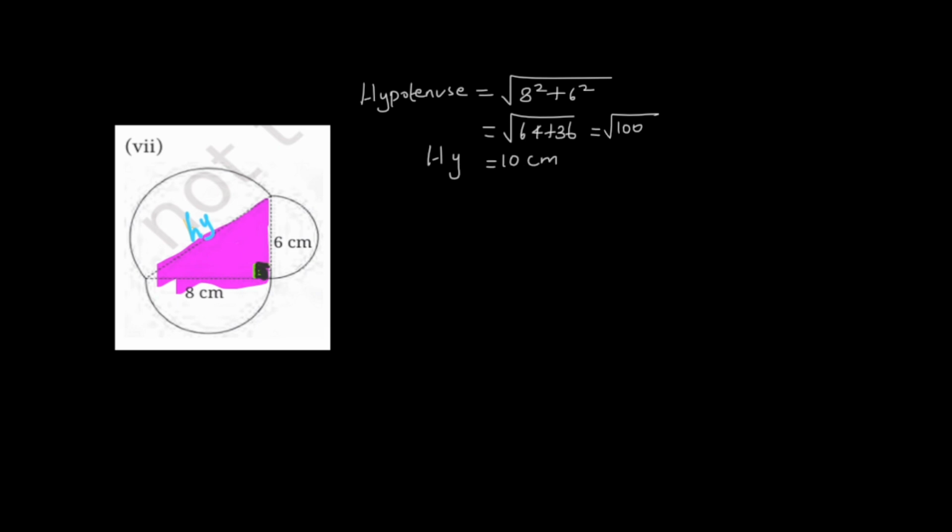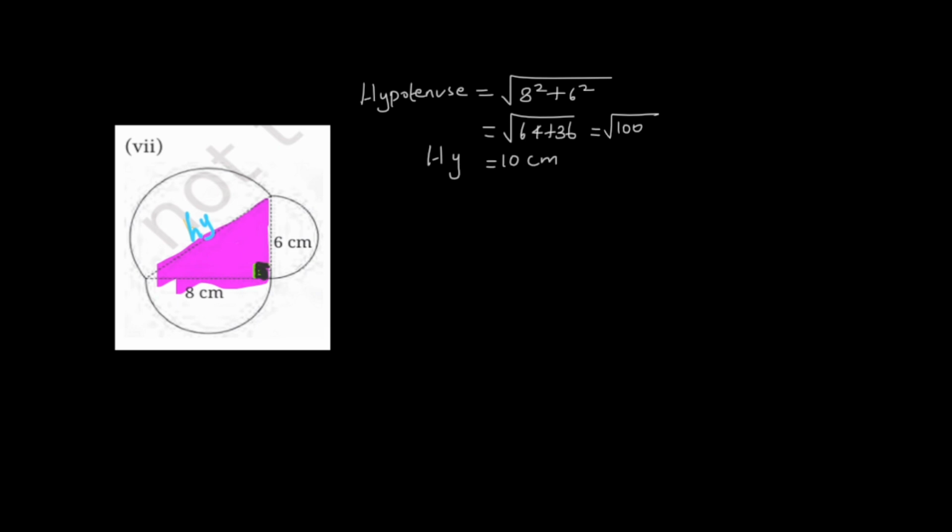How to find hypotenuse length? Hypotenuse length of the triangle is equal to square root of sum of squares of the other two sides. So 64 plus 36, square root of 100, so hypotenuse is 10 centimeter.